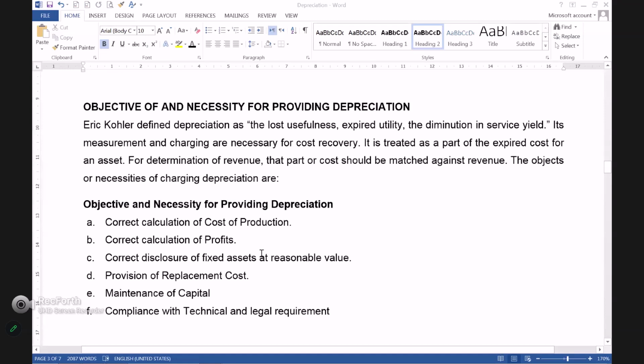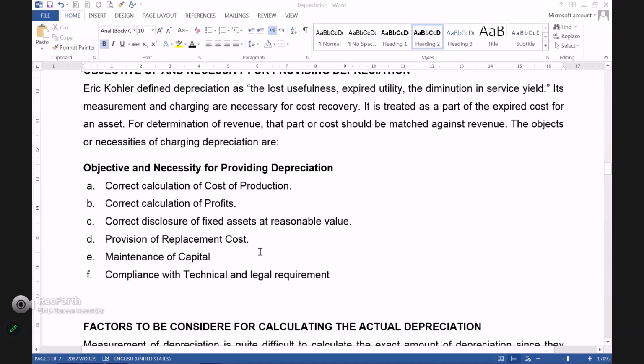The objective and necessity for providing depreciation, you can read and understand easily: correct calculation of the cost of production. For example, you have to use a particular machinery for the production, so there are some costs incurred.